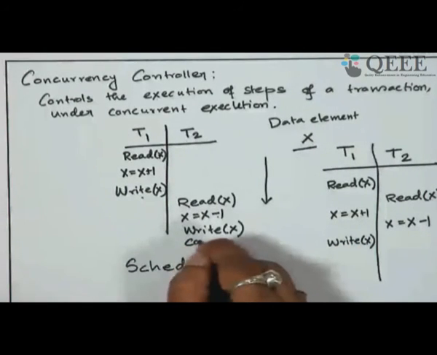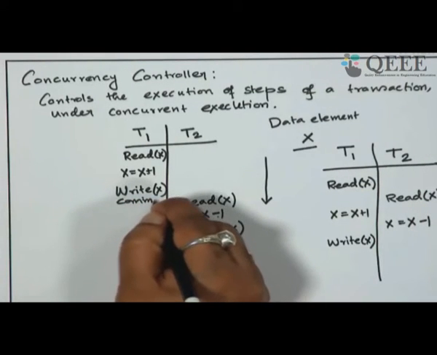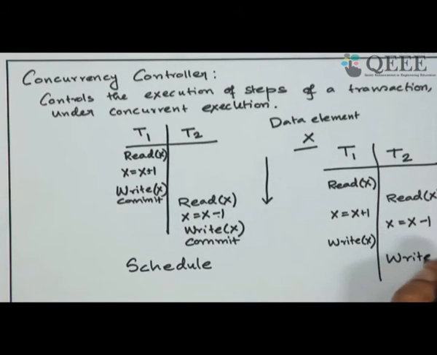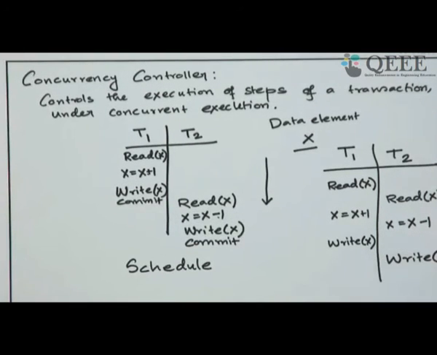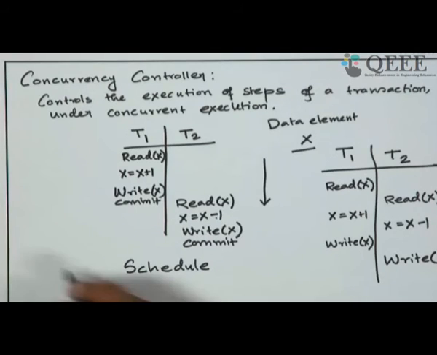Finally, all of them will have a command called commit, writing their output to hard disk. In fact, we will see later that it is only these read and write operations which are important. What happens in between need not be considered.